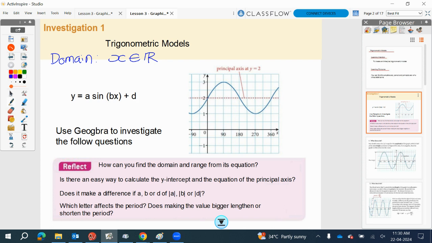What's the range going to be? Have a go at writing it down. Write down what the range is going to be. Not this specific graph, but this graph here, in general terms.